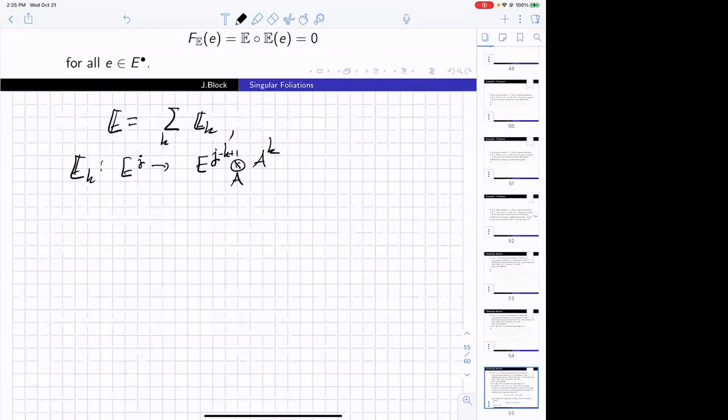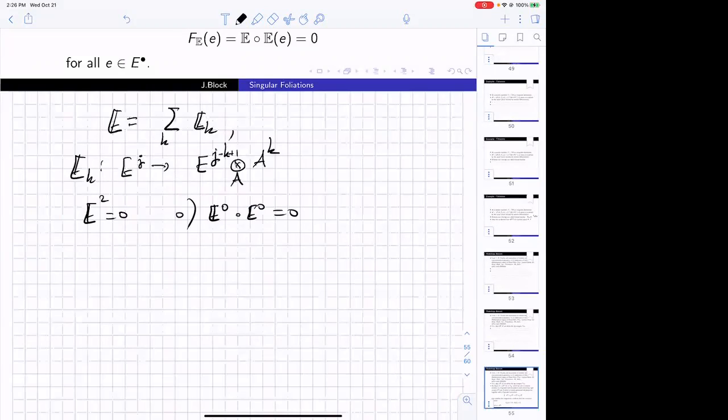There are terms of each degree K, where K runs over the degree of AK, and E squared equals 0 is exactly the condition that, well, it's a bunch of conditions, right? So it's equal to E0 composed with E0 is 0. So it's the 0th condition.